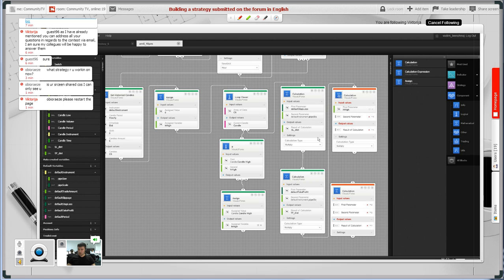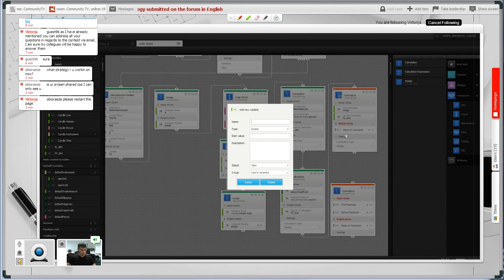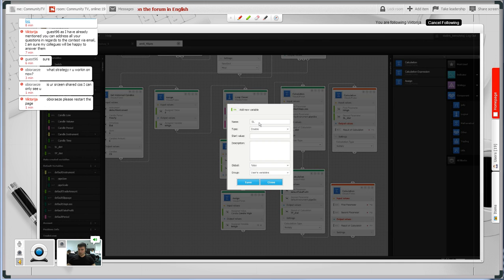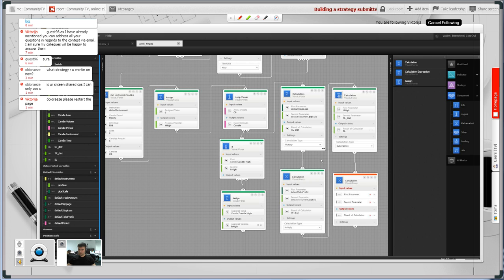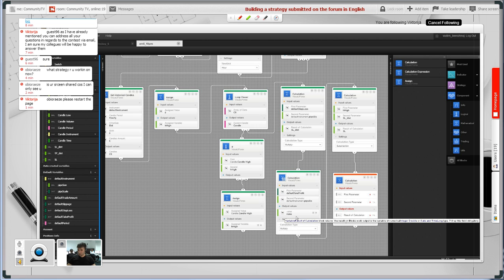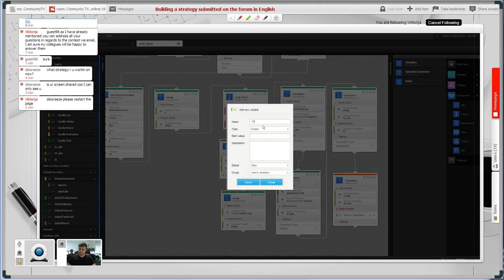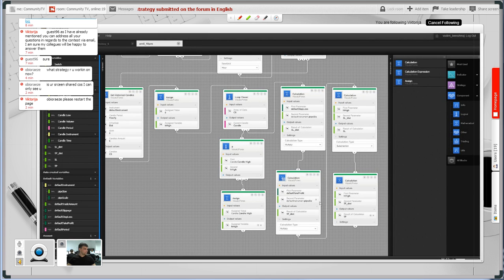We got highest high, we got stop loss. In result, we got the actual stop loss level, and we subtract. The same for take profit.